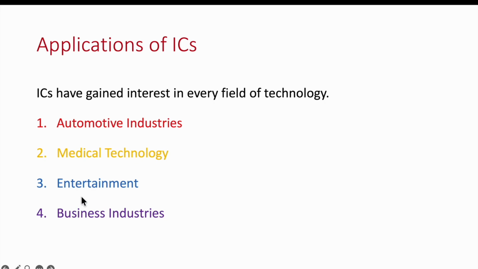Entertainment: the industry has also advanced, with a decrease in bandwidth, increase in quality, Q factor, all these things. And the business industry as well, which is moving toward e-commerce and all these things.